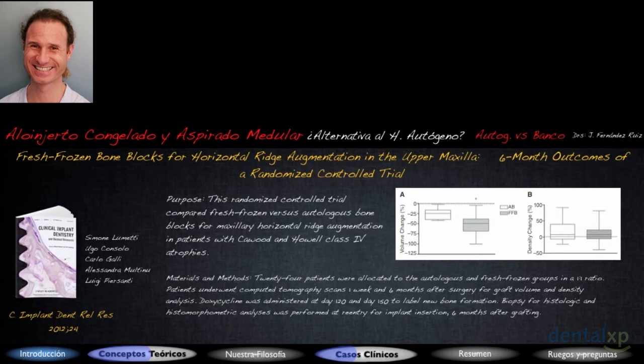And he encountered a very good percentage of results. So he concluded that the use of allogenic bone graft was a good material to use, with results similar to those with autogenous bone graft.